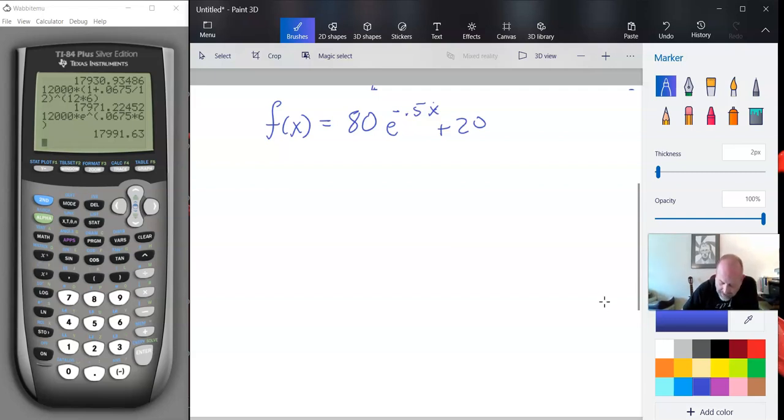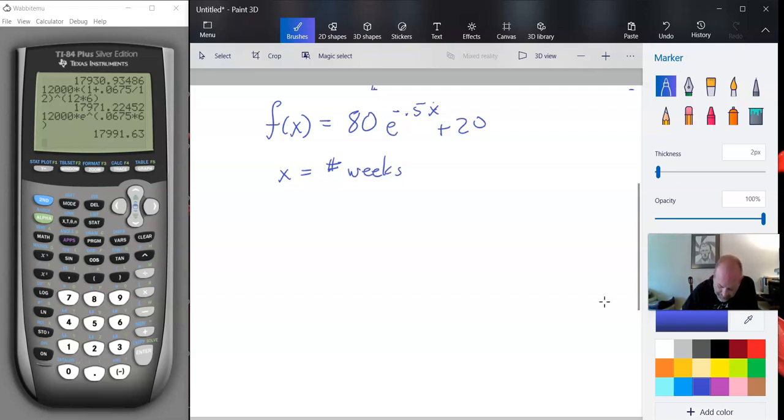Okay, x is the number of weeks since learning something, right? So you learned something, x counts the weeks since you learned that. Now, this is talking about learning with no practice, right? Not trying to refresh yourself or anything else.